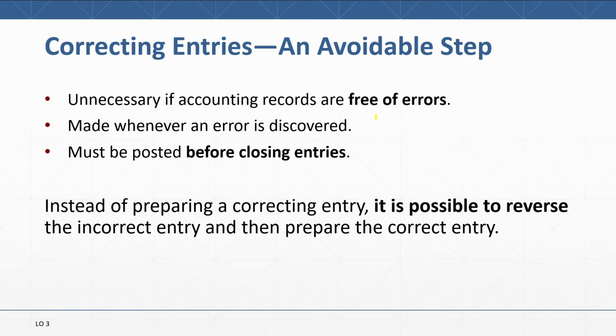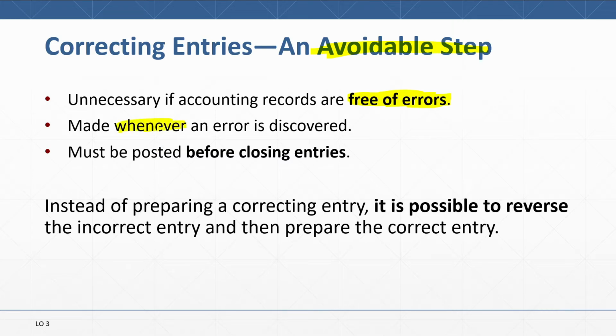If you don't make any mistake, you do not need to journalize any correcting entries. If you're free of errors, this step can be skipped. But if there's a mistake, we have to correct it. When do we do that?